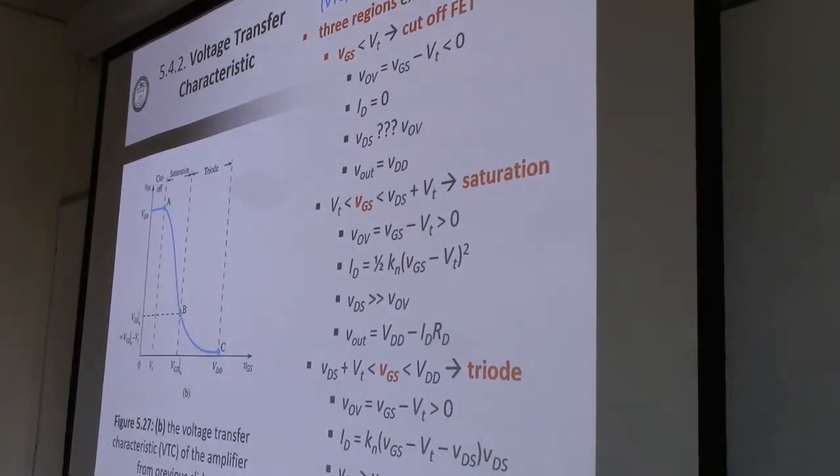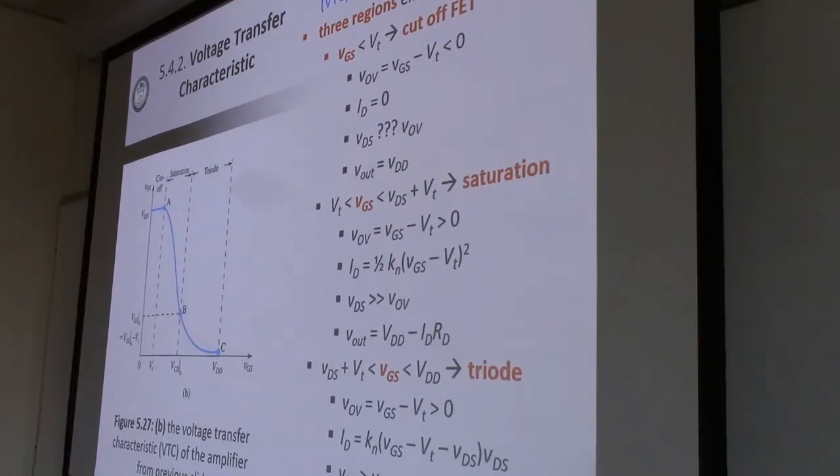Right? That would be great, because then our gain would just be the slope of whatever that line is. And this is the type of relationship you have with your 741s and all that type of stuff. But as you can see here, that's not the case.